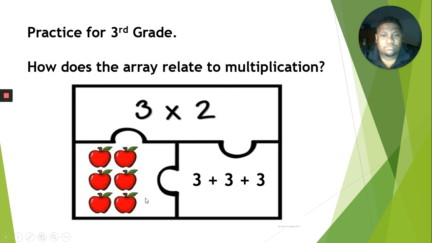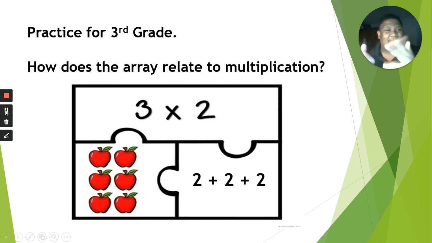Well, I see a little mistake. All right, so look at this, guys. The equation is 2 plus 2 plus 2. Mr. Bear makes mistakes too. The equation is 2 plus 2 plus 2 because that is the amount I have in my rows.